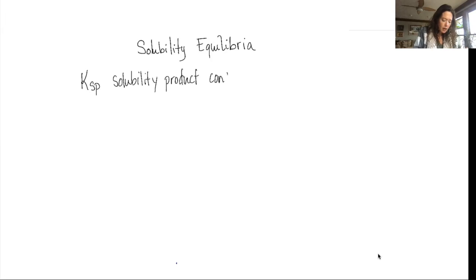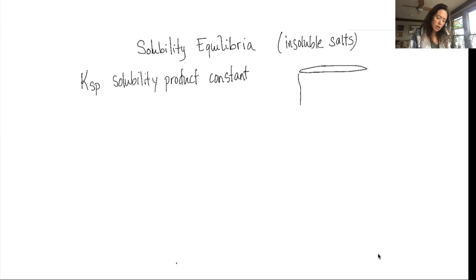But as I sit here, I realize you're still like, what are we talking about? We are talking about insoluble salts, salts that are said to be insoluble, so that when you put those salts in water, they do not dissolve, right?